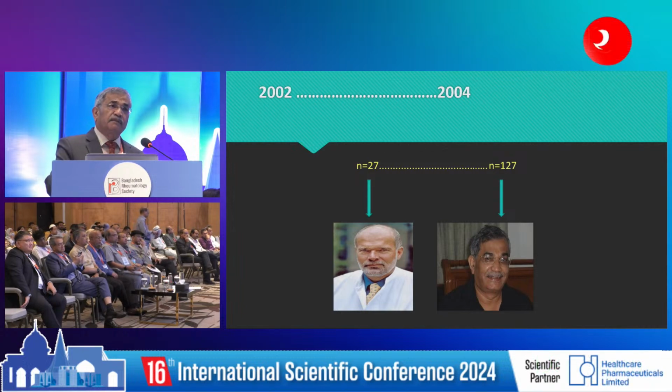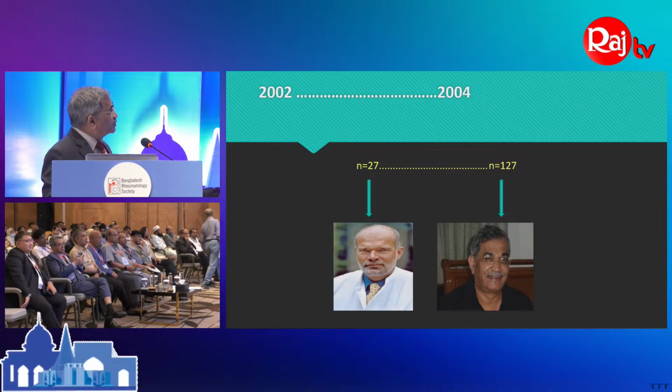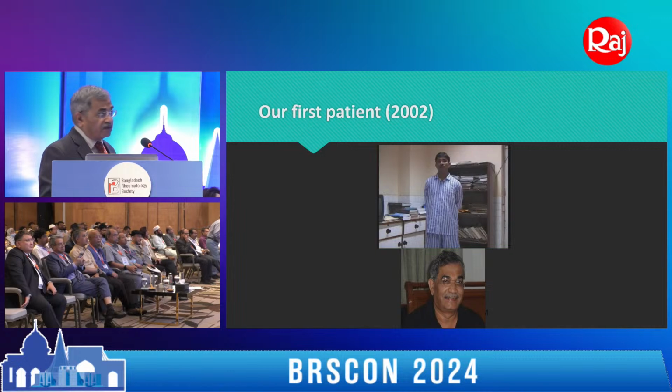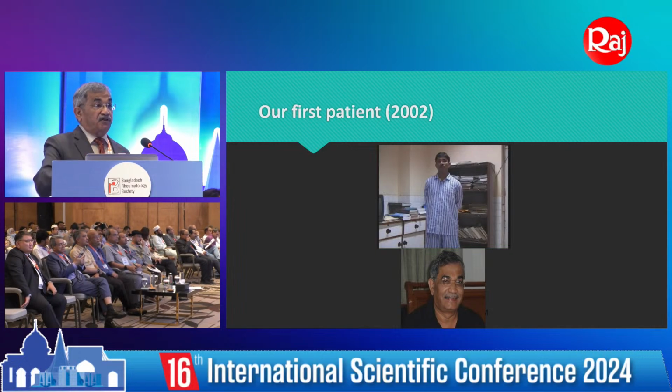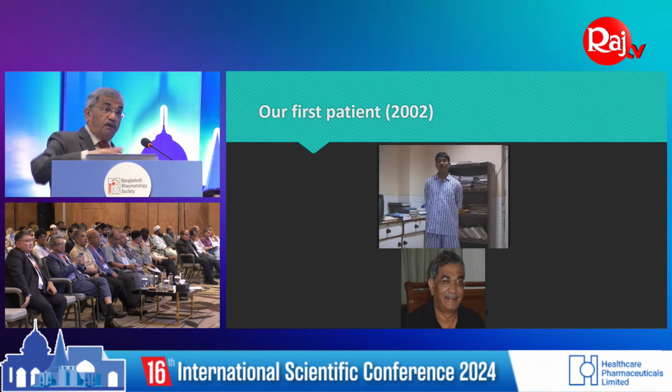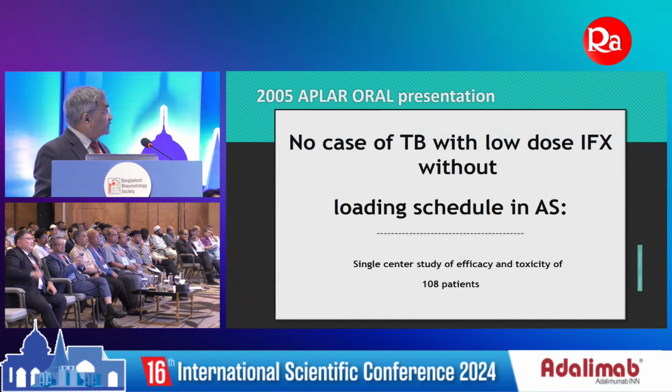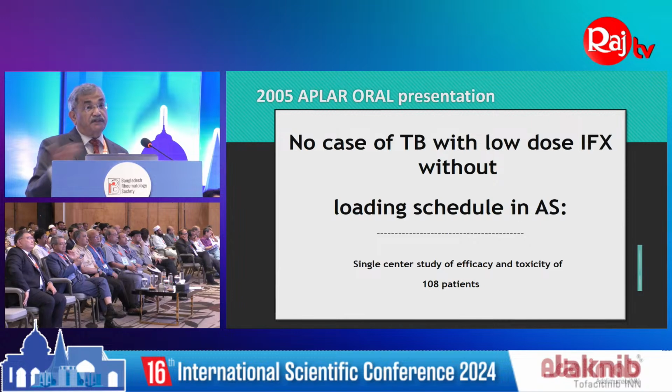But I was in government, I couldn't publish it. We presented our first patient in 2002, because I had this drug with me, and the moment I read about Jürgen Braun, I was in contact, he said, you use it, and we used it, and this was presented in APLAR.